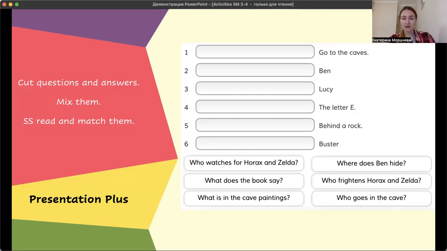Maybe it can develop their skill of writing questions basing on the example. Yeah, Katya, I like your idea. We can extend this activity. Not to skip it, but extend.